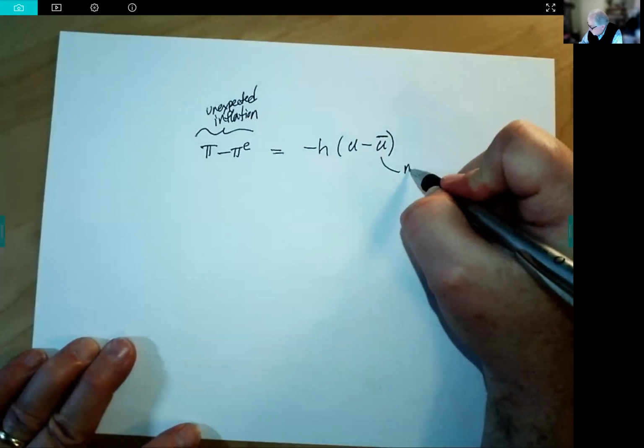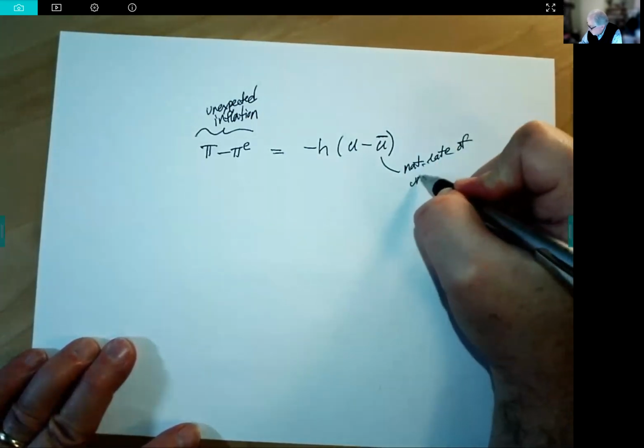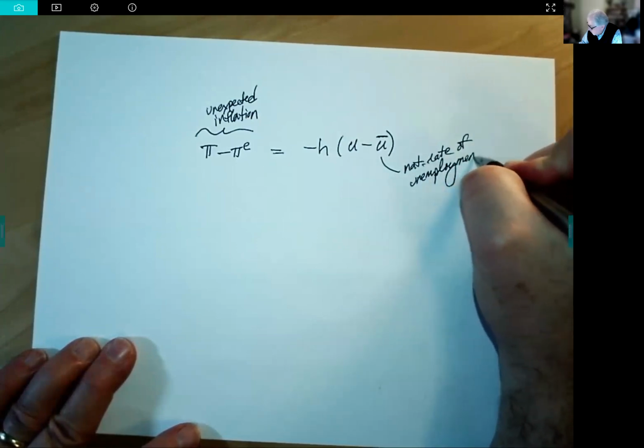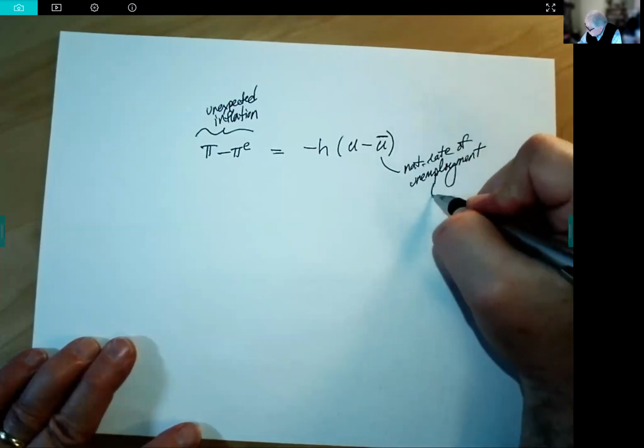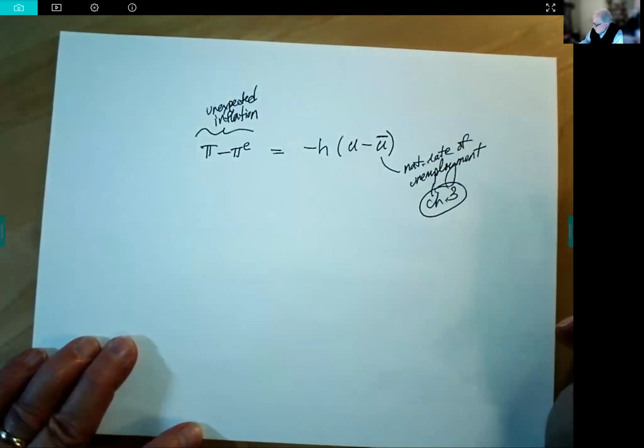So this is called the natural rate of unemployment, U bar. Again, we can go back to chapter 3 for more information about that.